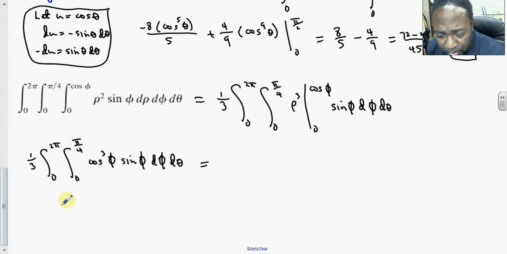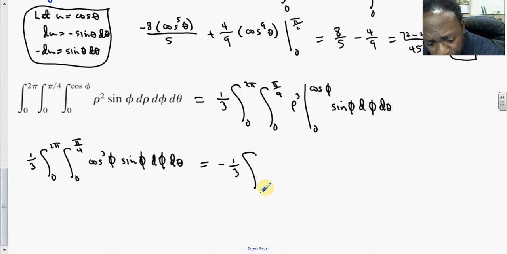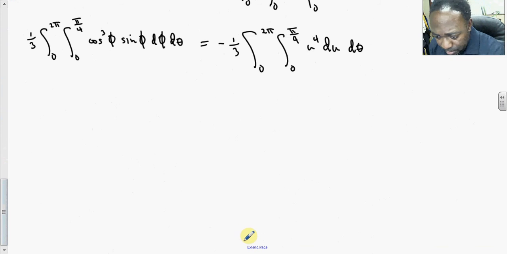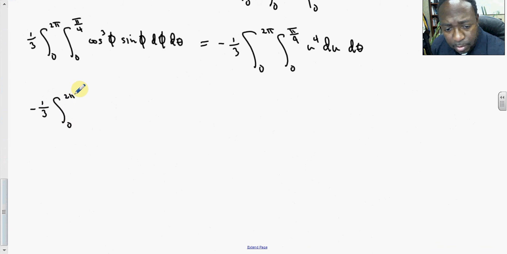So if that be the case, this becomes negative 1/3, the integral from 0 to 2 pi, the integral from 0 to pi over 4, and this is u cubed. Then du would pick up the sine phi d phi. Right? So out here we have d theta. And so we get negative 1/3 times the integral from 0 to 2 pi.